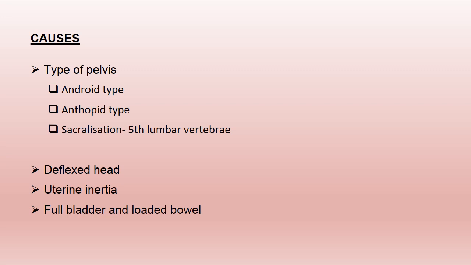The types of pelvis common for occipito-posterior position are android, anthropoid, and sacralization of the fifth lumbar vertebra. Other causes are deflexed head, uterine inertia, full bladder, and loaded bowel.